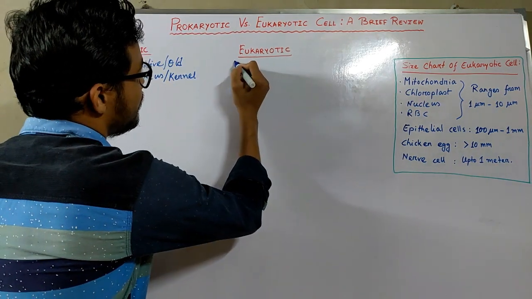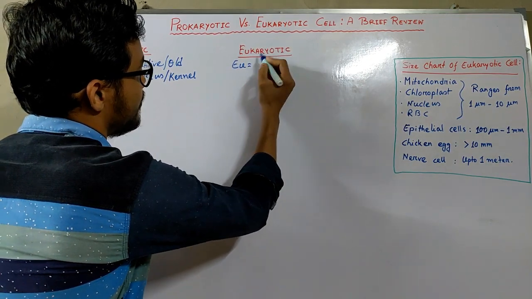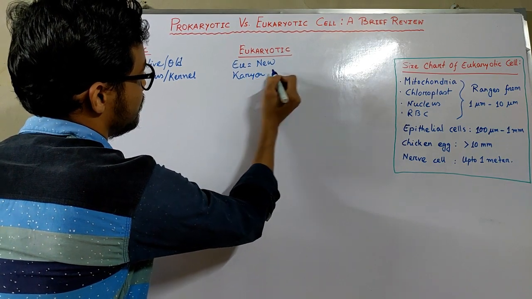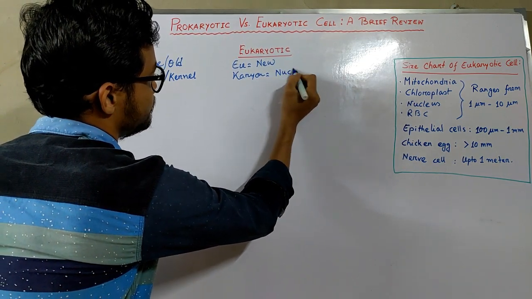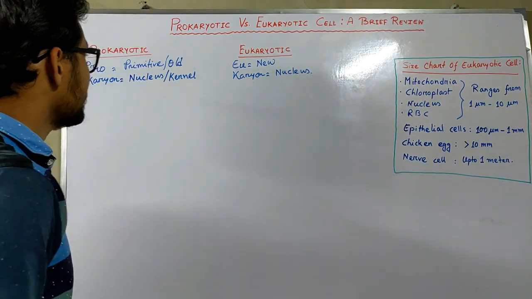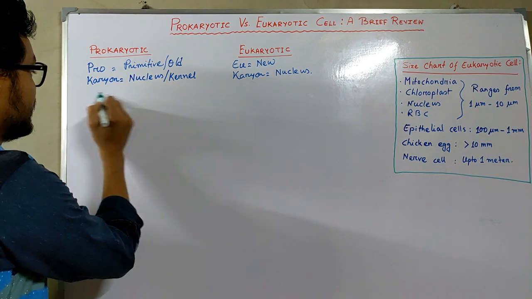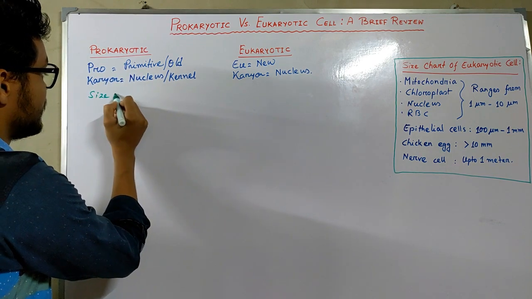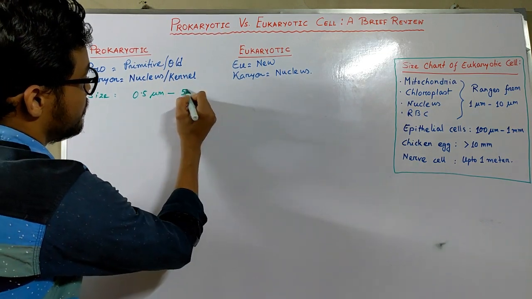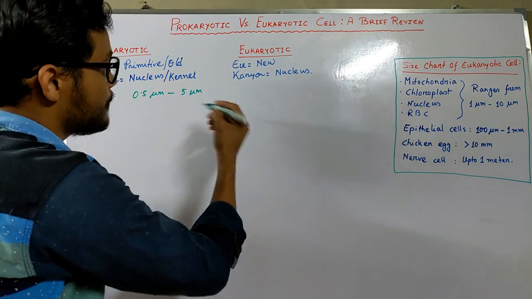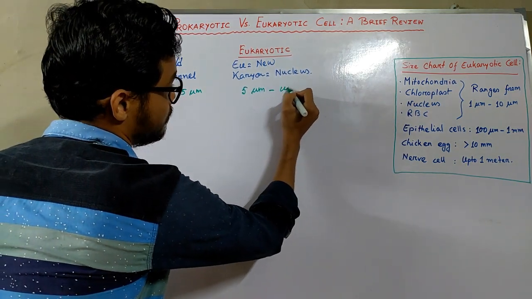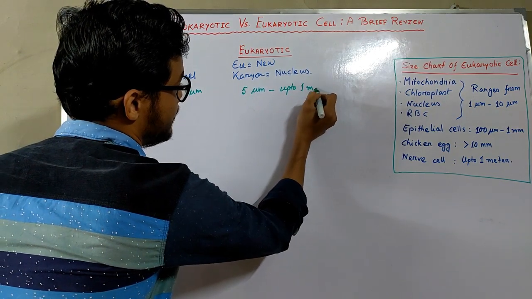Similarly, in eukaryotic, eu means new and karyon means nucleus. Their sizes vary. A prokaryotic cell is from 0.5 micrometer to 5 micrometer. A eukaryotic cell is from 5 micrometer up to 1 meter.